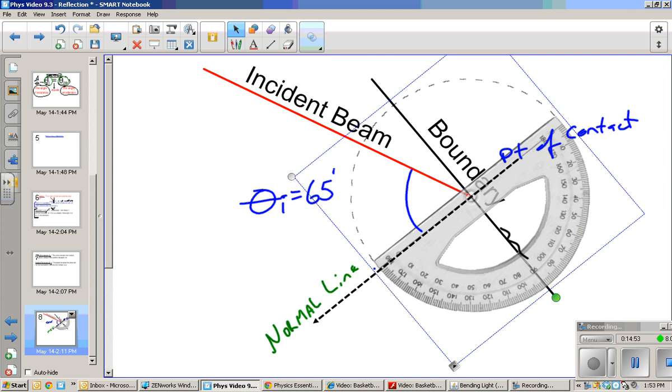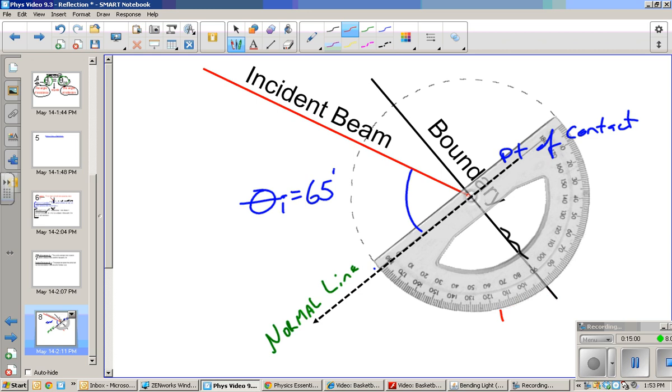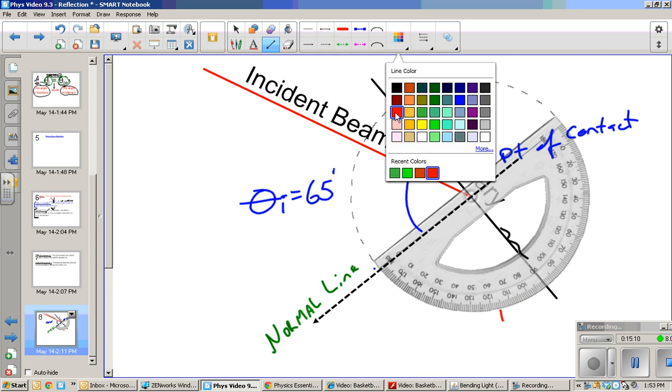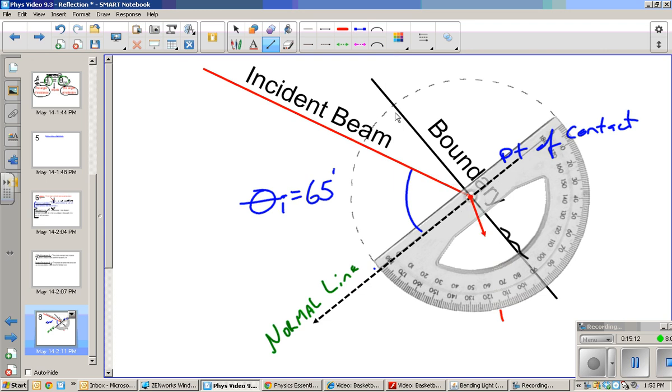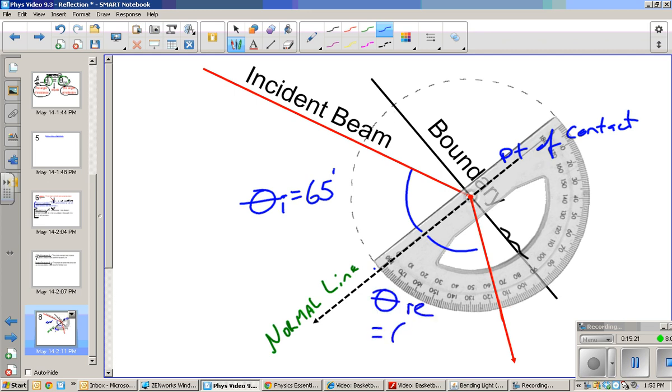Then make a mark at 65 degrees. So I'm going to take my pen and put a little mark right here at 65 degrees, and then grab my straight edge. Oh, I went red. And I'm going to draw a line from my point of contact out. And there we go. So now my angle of reflection is also 65 degrees.